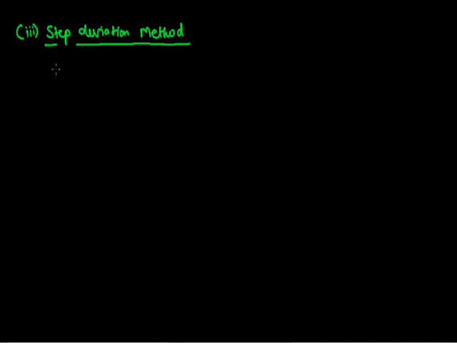But now here in the step deviation method, other than finding out the deviation, that is xi minus a, we'll find out the ui also, and ui is actually xi minus a, that is the deviation, divided by h, and h is some random value that we can take, and divide this deviation by h, so that it will reduce the number even further, and accordingly we will get a smaller number, and that makes the calculation much easier and faster.